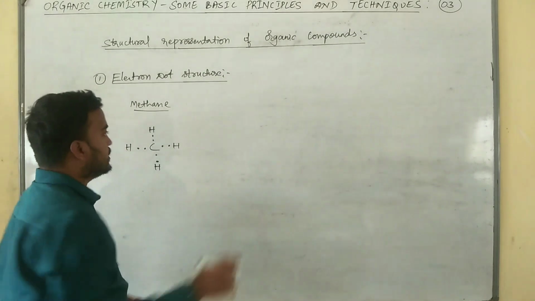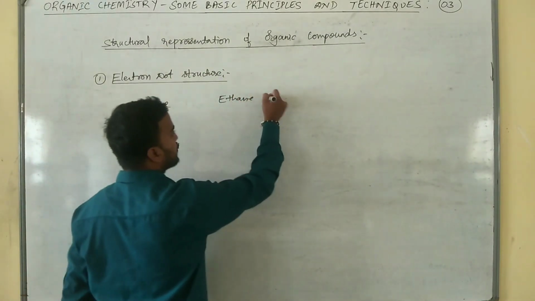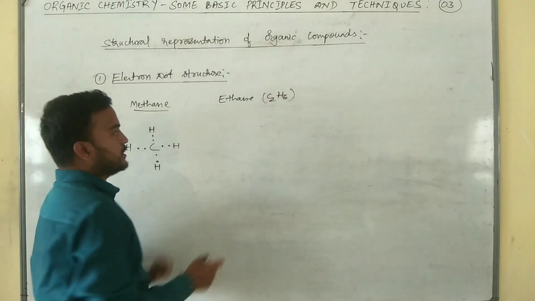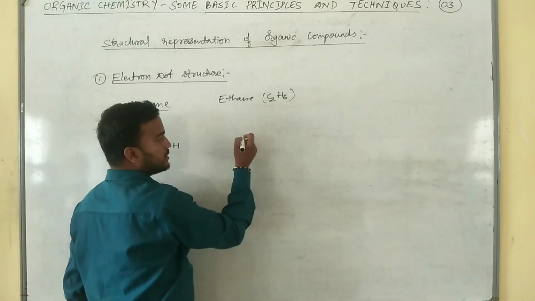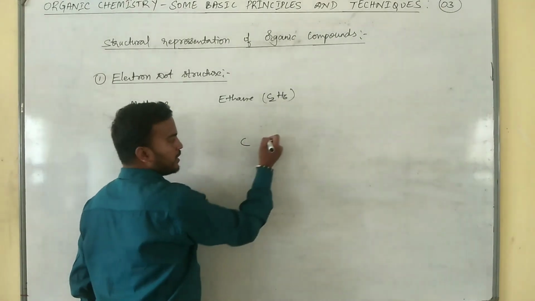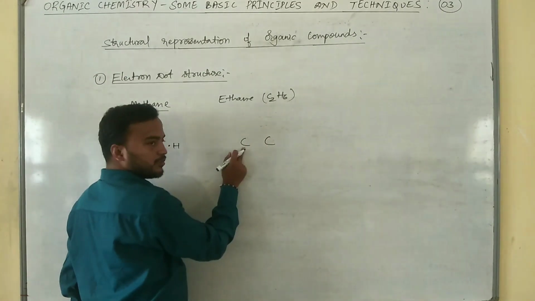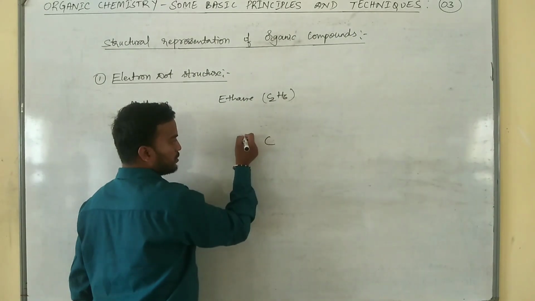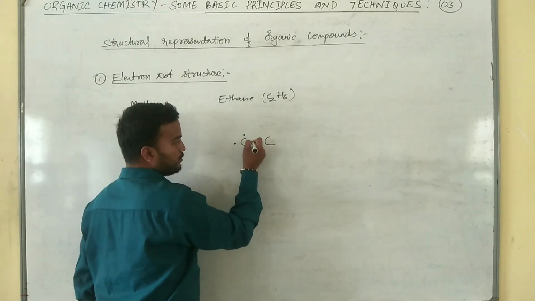I will take ethane. It has the formula C2H6. So we have 2 carbon atoms and 6 hydrogens. I will write 2 carbon atoms. Each carbon atom has 4 electrons in the valence shell: 1, 2, 3, 4.